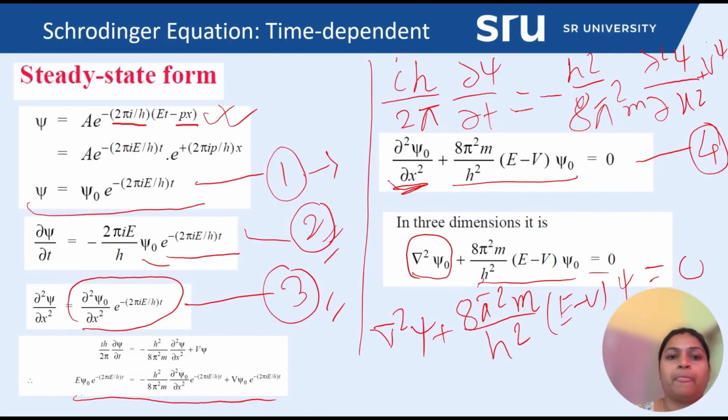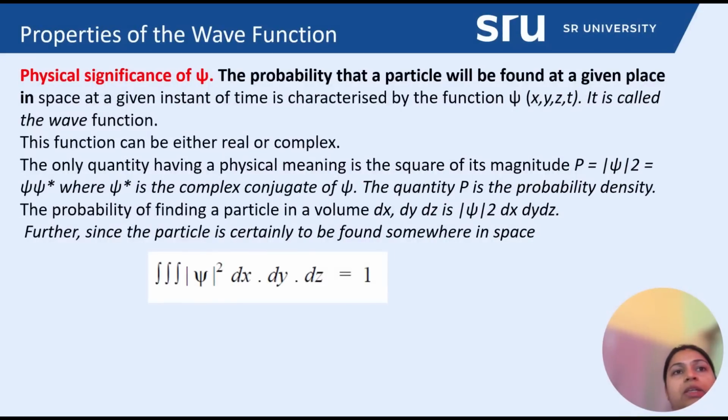Now we will look at the properties of the wave function. The probability that a particle will be found at a given place in space at a given instant of time is characterized by the function psi, a function of position and time, and position also in 3 directions x, y and z.